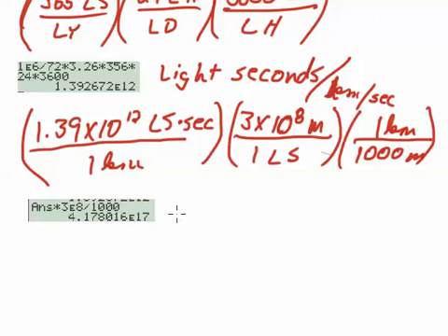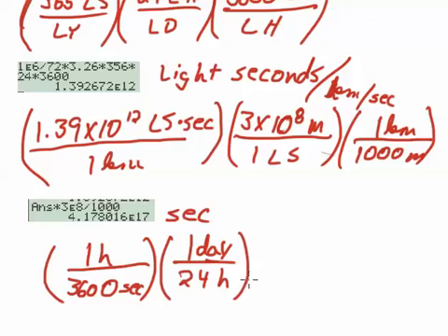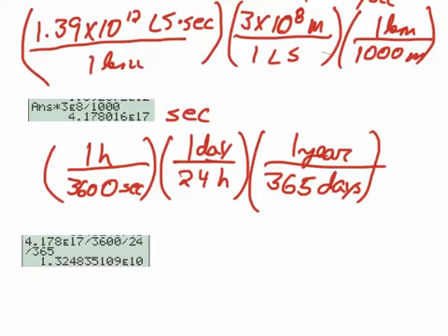Well, okay. It's only disappointing because it's not done yet. This is in seconds, so I still need to fix it so that it is in years, right? So I'll use that 3,600 seconds in 1 hour, and there's 24 hours in 1 day, and 365 days in 1 year, and we get 1.32 times 10 to the 10th, or 13.2 times 10 to the 9th years.